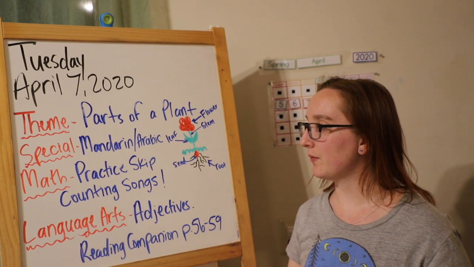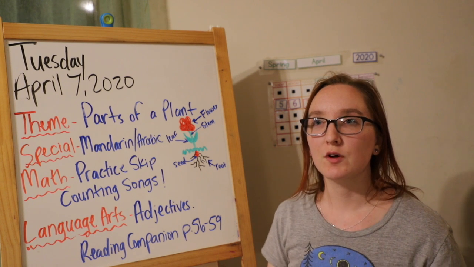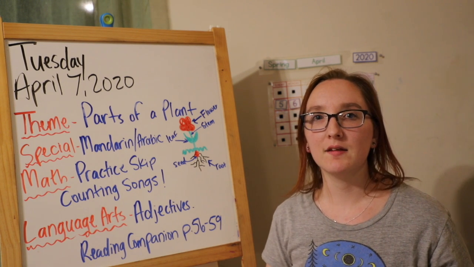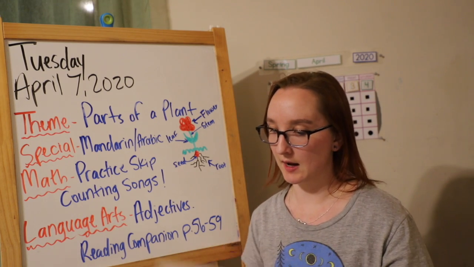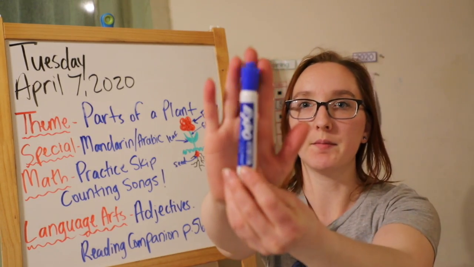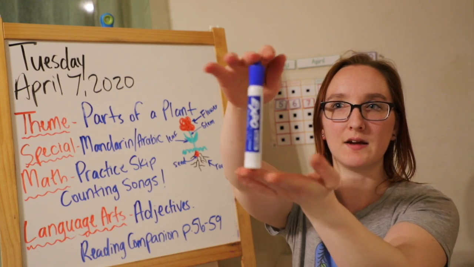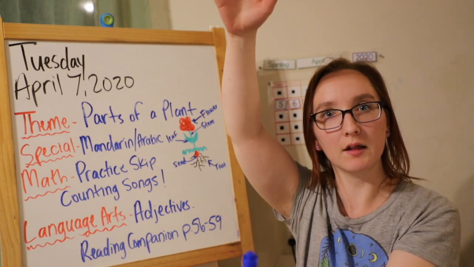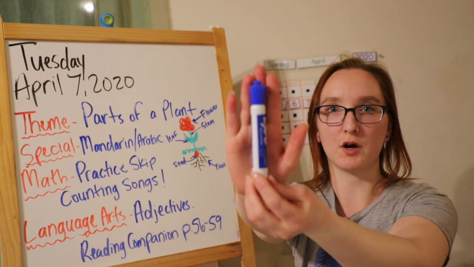And then today we are going to be doing adjectives again in language arts. We're talking about what is describing our noun. So let's say I am looking at this marker right here. If I'm going to look at this marker, I'm gonna say that it's a kind of short marker. It's not really long. And then I can also say that this is a blue marker.